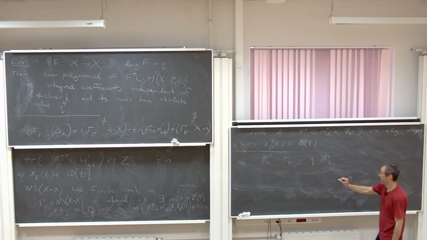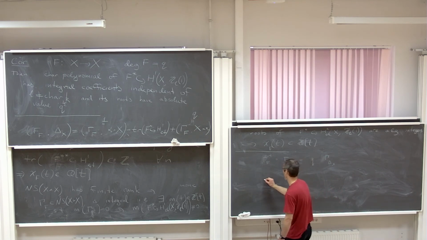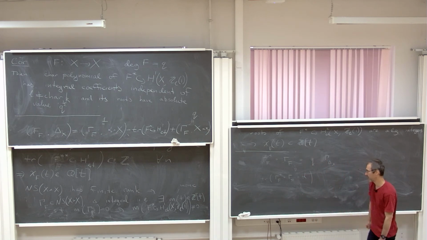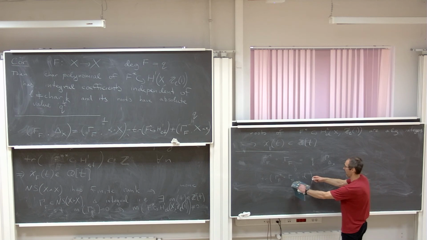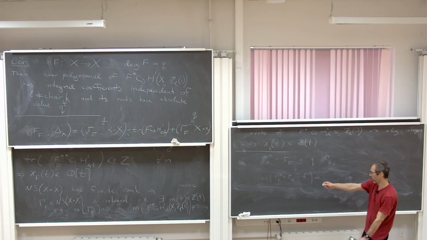Why is that? Because it follows directly from the associativity of the composition in the Néron-Severi group. So you just look at the trace of gamma f transpose composed with gamma f and composed with any alpha. You take any alpha and take this trace. And I want to show that if you take the trace of this composition with alpha and this composition with alpha, you get the same numbers. Then the result will follow from non-degeneracy.